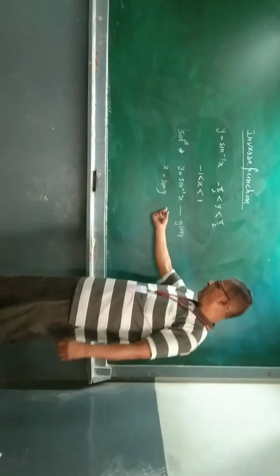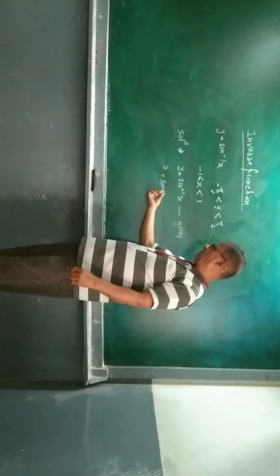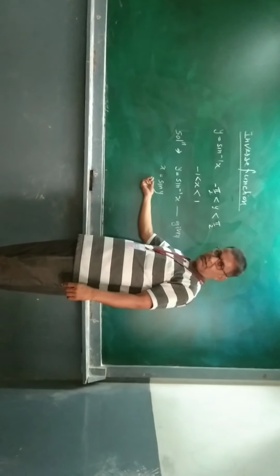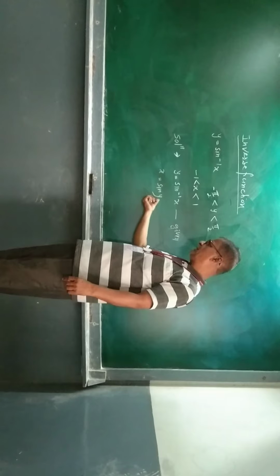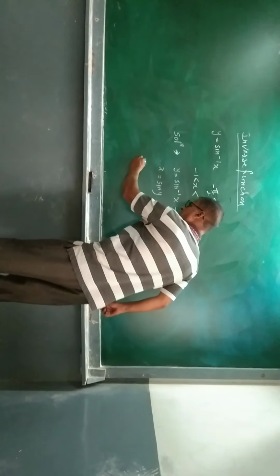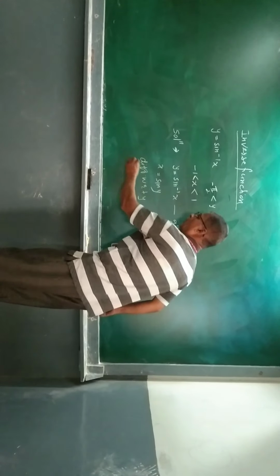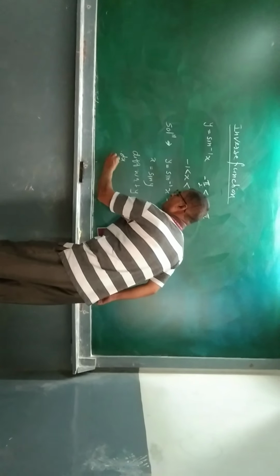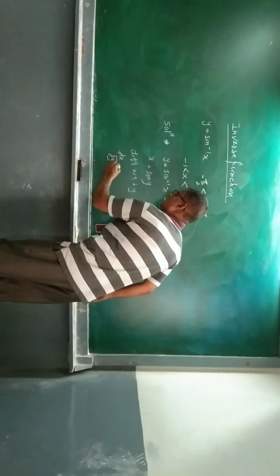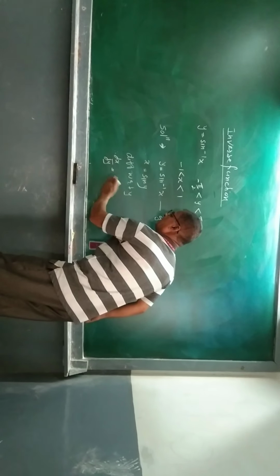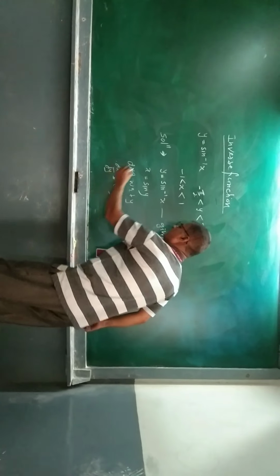Now, here y is the variable. If you have to differentiate this function, then differentiate with respect to y. Now we can take dx upon dy is equal to the derivative of sin y, cos y.